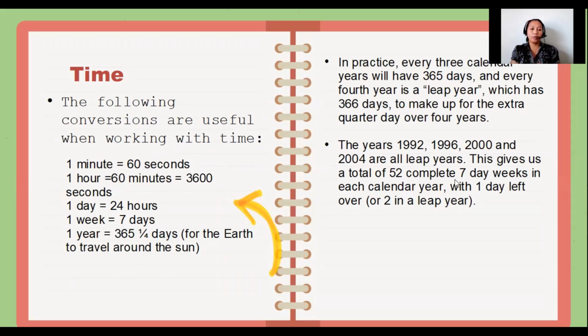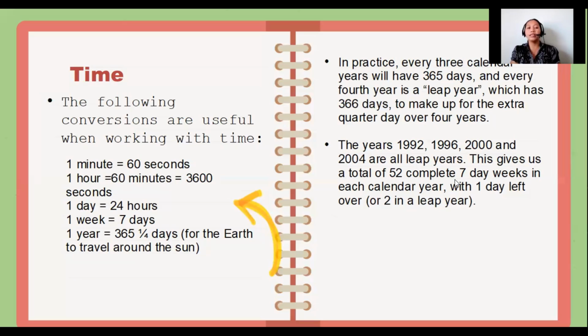Therefore, in 1 year, we have 365 and 1/4 days for the Earth to travel around the Sun. So in practice, every 3 calendar years, we will have 365 days. And every 4th year is a leap year, which has 366 days to make up for the extra quarter day over 4 years.